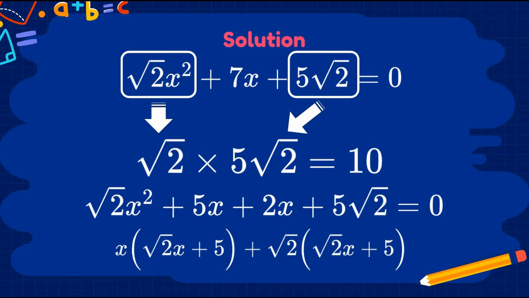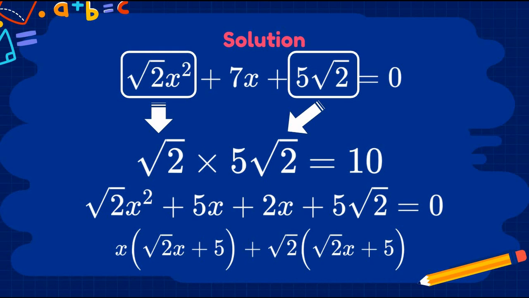So first of all, as we have root 2x square and 5x, x is common in both of them. So let's take x common, and inside the bracket we write root 2x plus 5. And in the second two terms, we have 2x plus 5 root 2. In here, 2 can be written as root 2 into root 2, as you might be knowing.